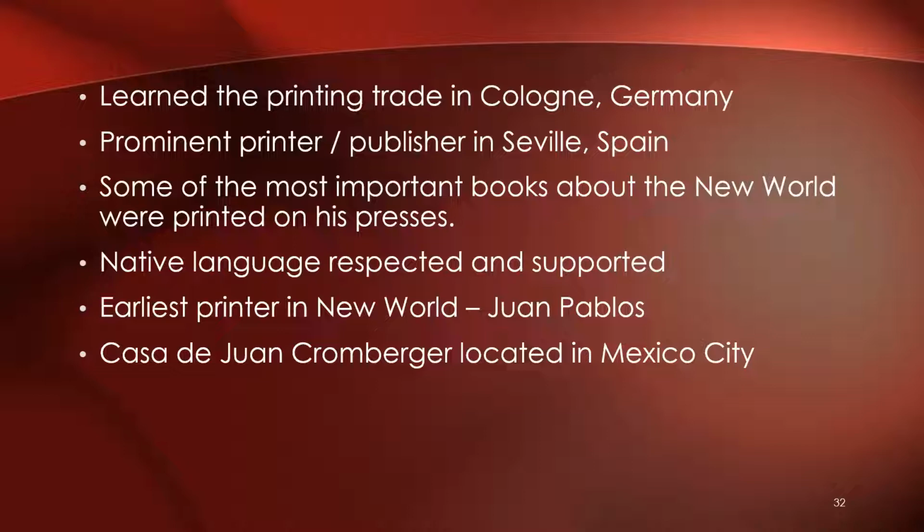Between Pablos' arrival and his death in 1561, he published some 37 titles, took over full ownership of the press after Kronberger's death in 1540, and only some of the titles printed survived to the present day.